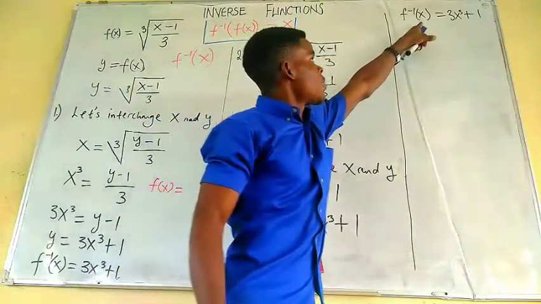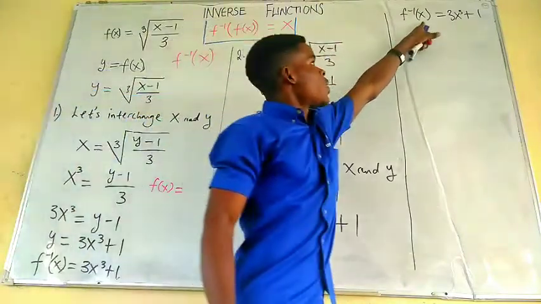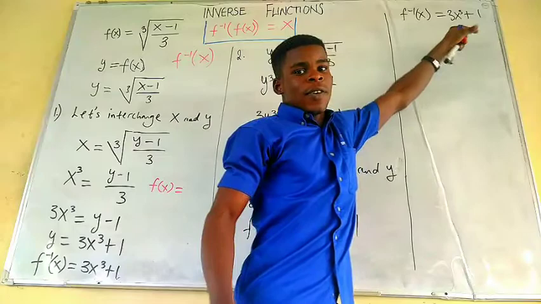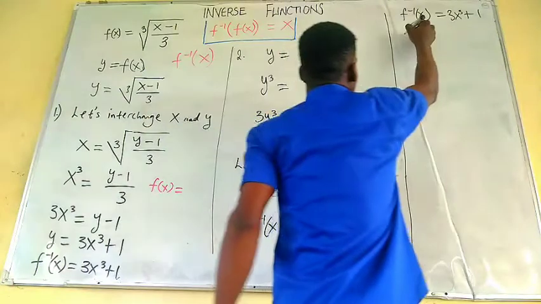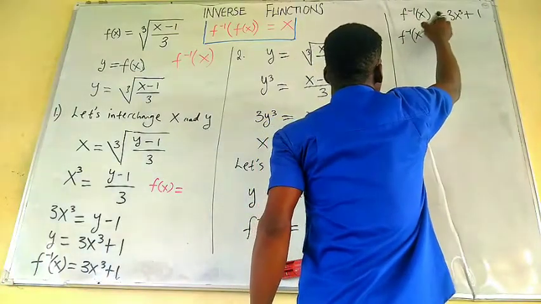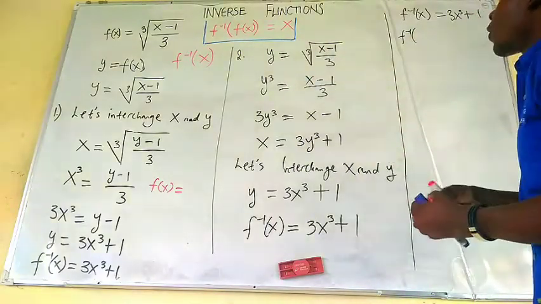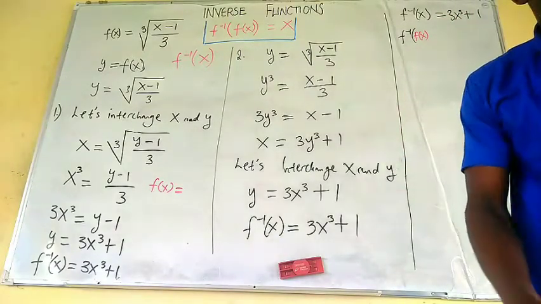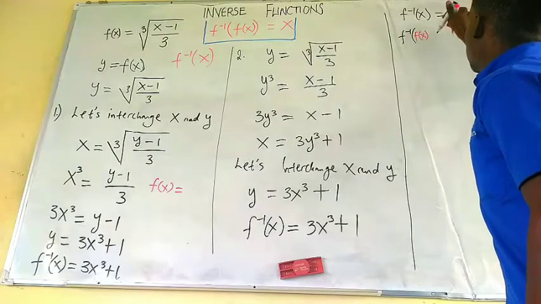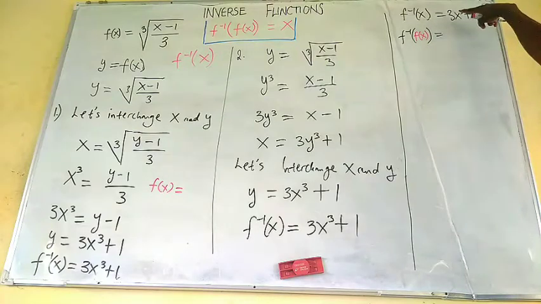So since f inverse is in terms of x, now we're going to put f inverse of x is going to be, in place of x right here, we're going to put f of x, like that. Don't be confused, just the positions, right? So we have f inverse of f of x, that will be equal to, well, f inverse of x is giving us 3x cubed plus 1.